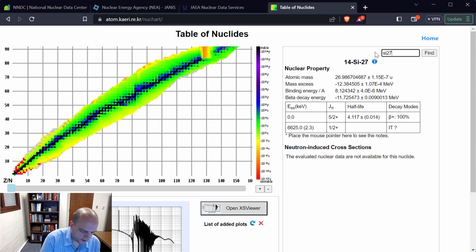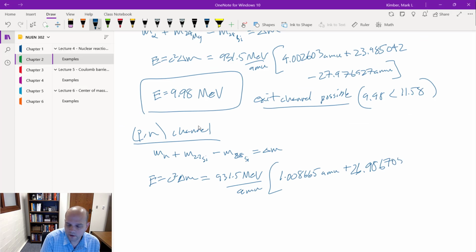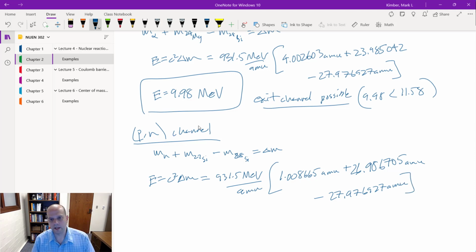It's 26.986705. And then we'll subtract the silicon-28 from that, which we already looked up. And again, don't forget to include at least 6 decimal places. So I do this calculation and I find out this is going to be 17.18 MeV.